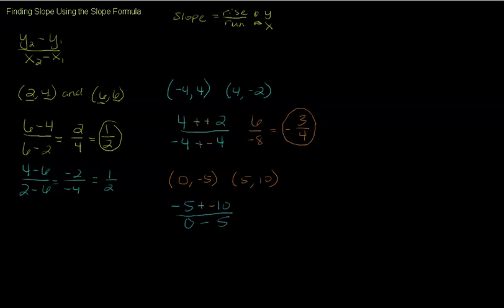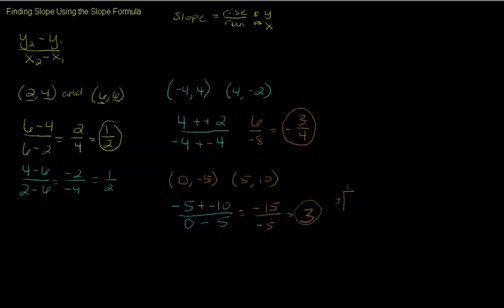So that's going to be negative 15, and then 0 minus 5 is going to be negative 5. They're both negative, and this reduces down to a positive 3. So your slope is 3. It's 3 over 1, so if we were graphing, we would go up 3 over 1. But we just have to write 3.